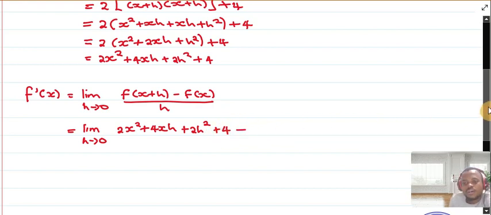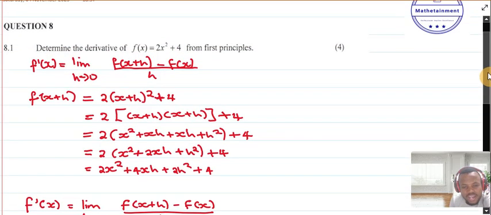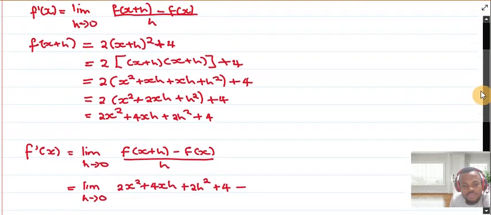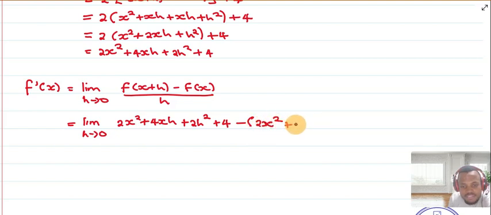minus, okay, in this scenario we have f at x being equal to 2x squared plus 4, meaning we have to open the bracket and write 2x squared plus 4. Okay, and then from there this is all over. It's all over what? It's all over h.